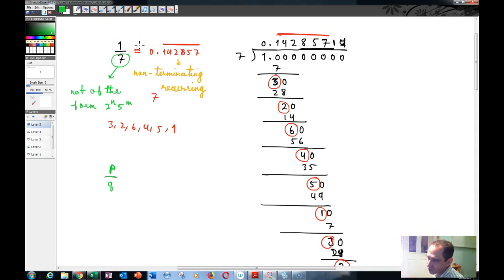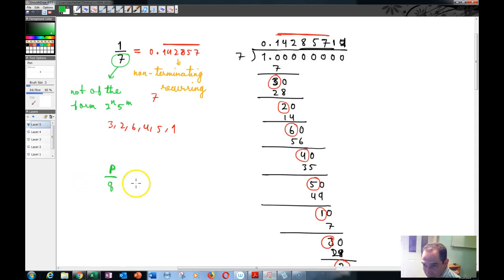But of course it's not right logic to do that, because here we have said that if we have this kind of situation, then the decimal expansion of this number is going to be terminating.